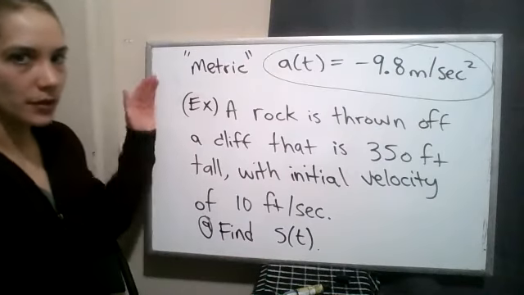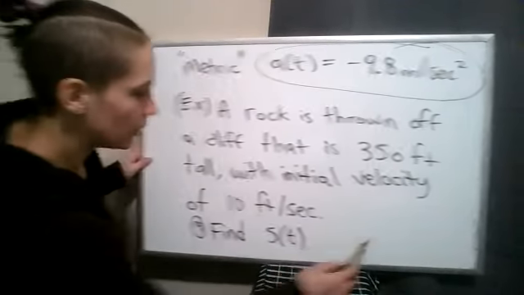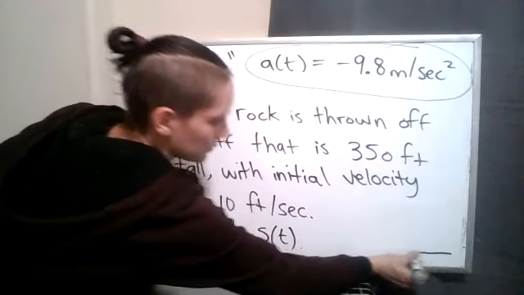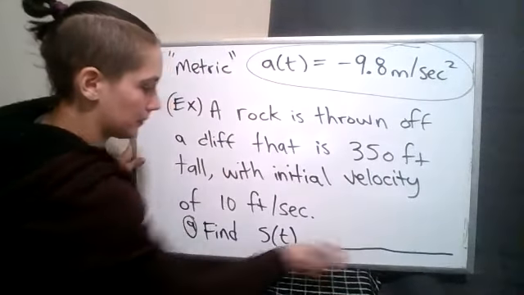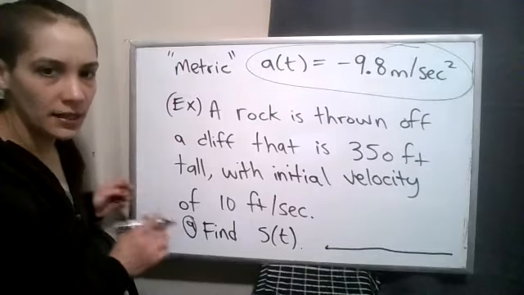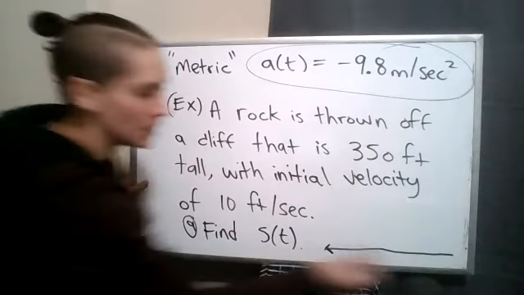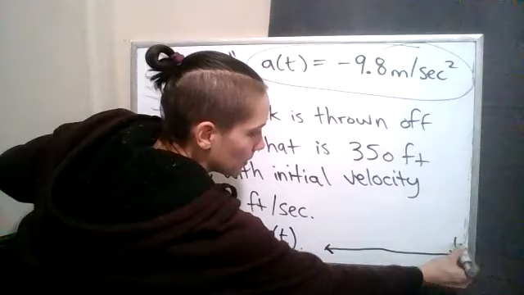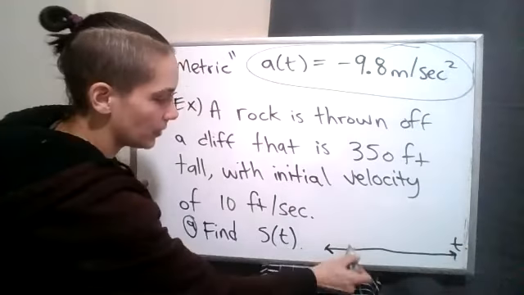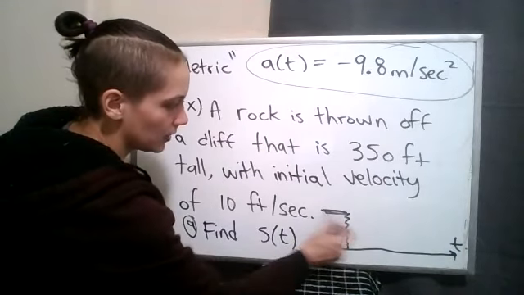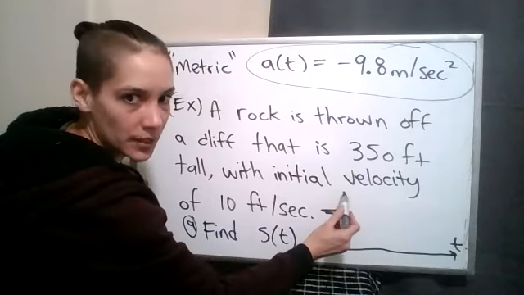Let's draw a picture. So over here, we have the ground. And this is going to represent values for time, t. Okay, from here, let's draw a little cliff. So that's the top of the cliff, and we have a person at the top.